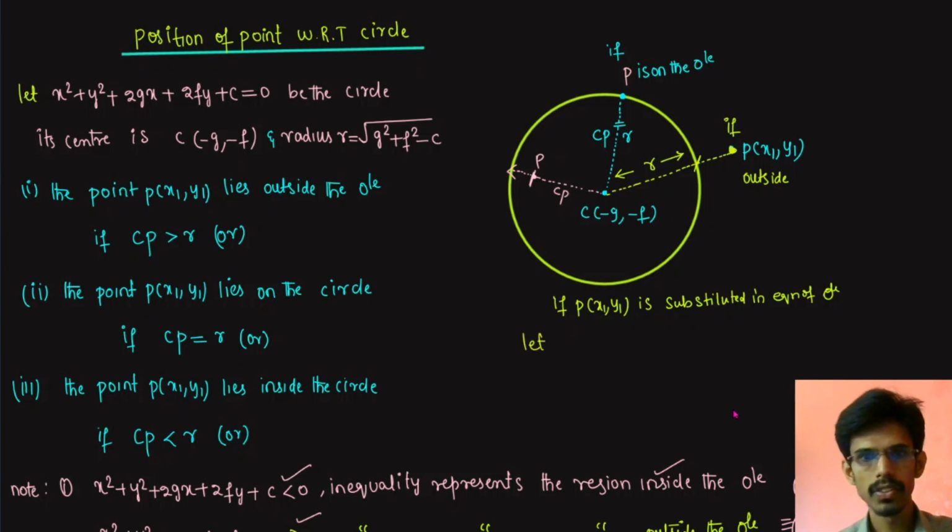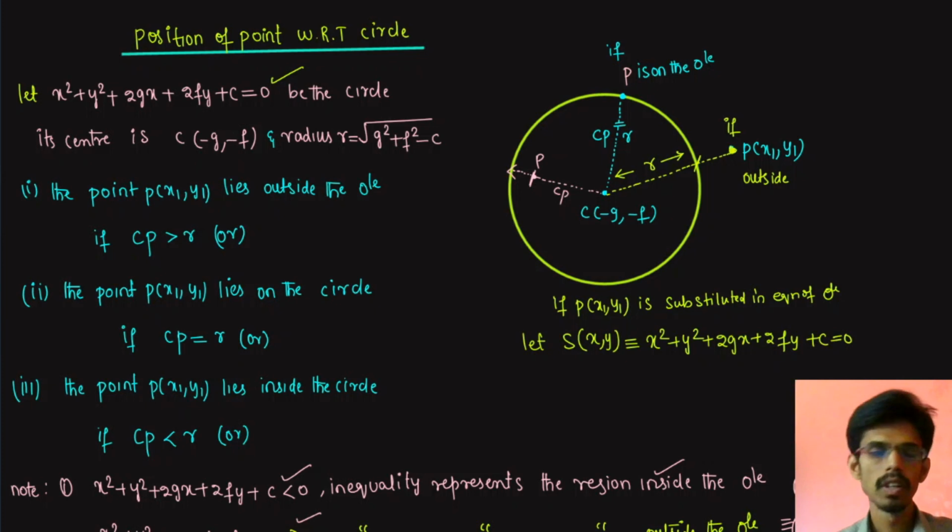Let the circle be denoted as S(x, y), because the circle equation is a function of x and y. So I am denoting it with S(x, y) equals x square plus y square plus 2gx plus 2fy plus c equals 0.